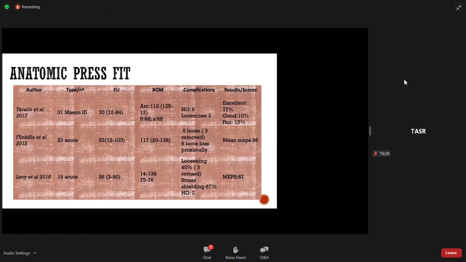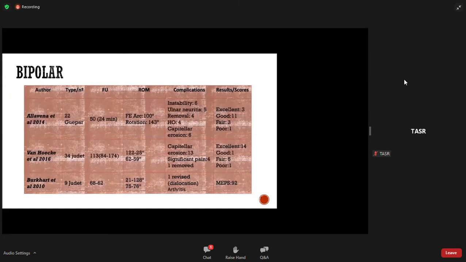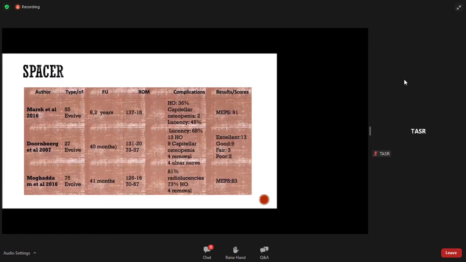Those are the results with anatomic press fit. As you can see, there are very good results with a very low complication rate, even if there is some stress shielding that you can have in anatomic press fit. Bipolar cases, these are the results. Again, very good in mainly all of them. Same with spacer. So the literature doesn't let us think of a superiority of one model with respect to the other.